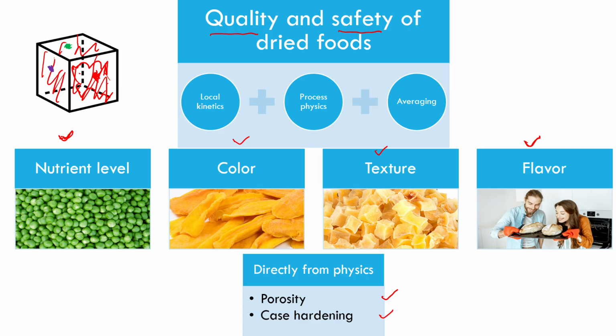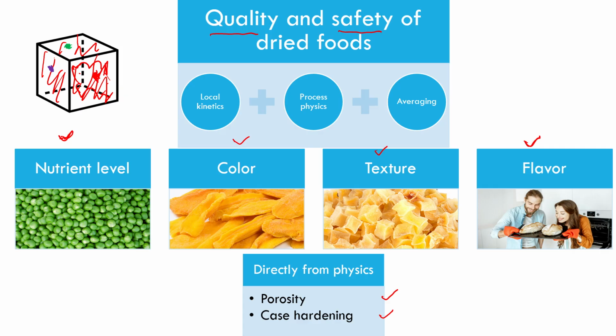So what we are doing is, by combining the mechanistic understanding of the temperature and moisture physics with these quality and safety kinetics, we are getting a much more comprehensive understanding of quality and safety of the food. I know the quality and safety I described very quickly.